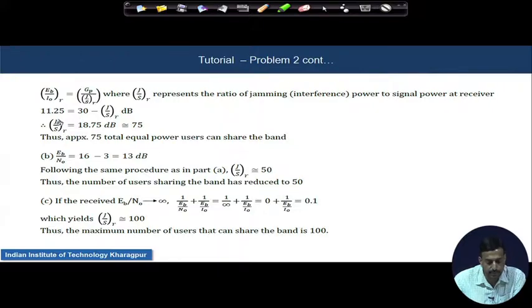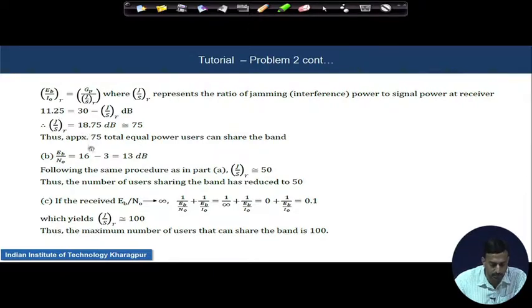This is because in the numerator we have the total jammer power, and in the denominator the individual signal power. So this is the margin, this many users can be supported, which is found out using this ratio, that is the total interferer power divided by the desired signal power.